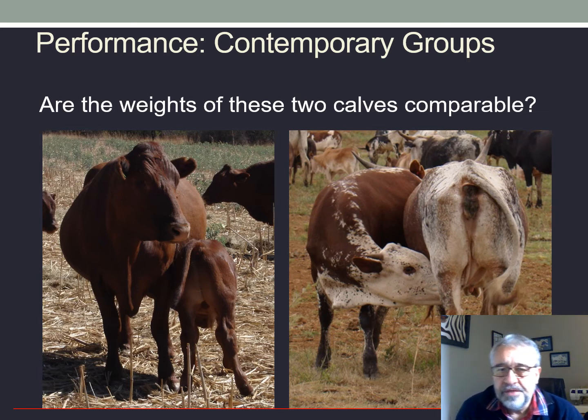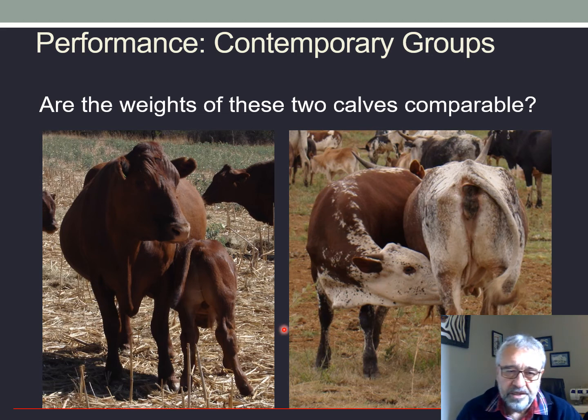If we look at the two calves on these two pictures, the Sponsmara calf on the left and the Nguni calf on the right, would one be able to compare the weights of these two calves and say the one's better than the other? Obviously not, for different reasons. One would be that maybe the calf on the left is much younger than the one on the right.